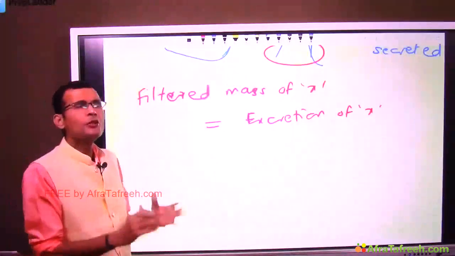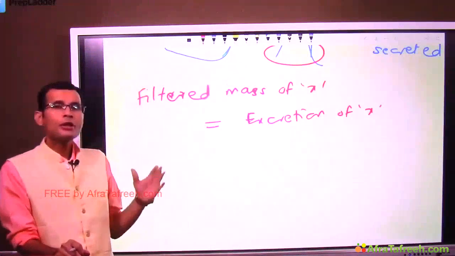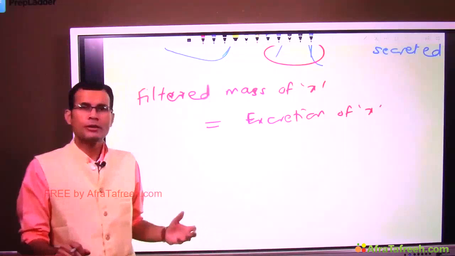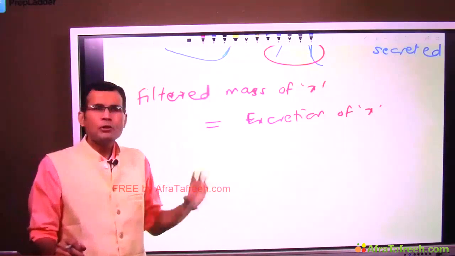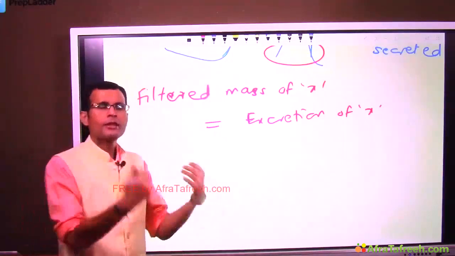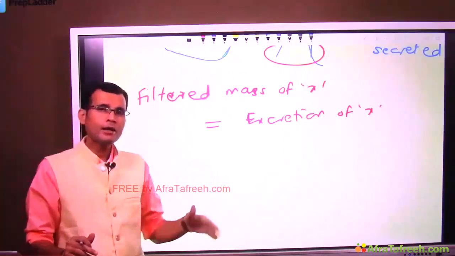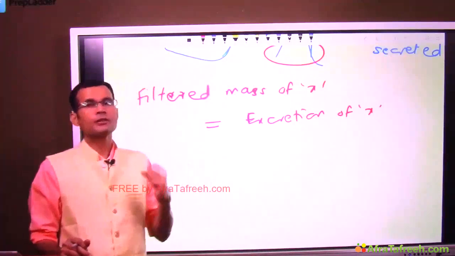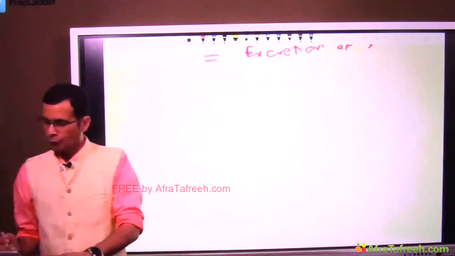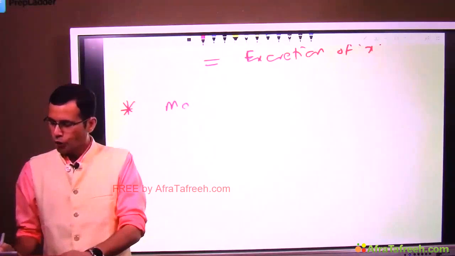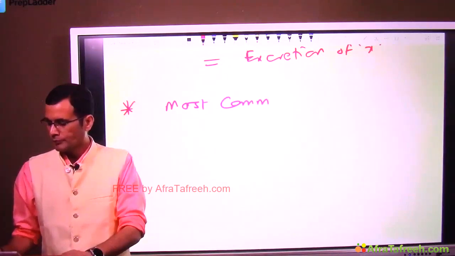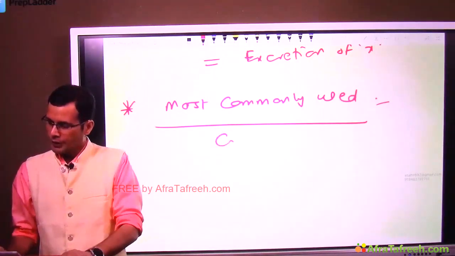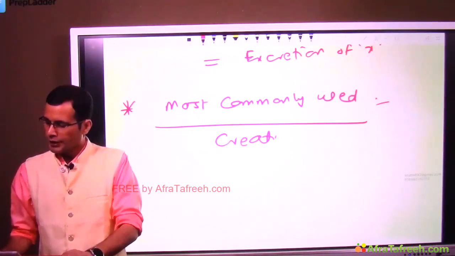Right. But inulin has a problem. Inulin is not generated in the body. It's not a metabolic end product or something. And when injected, many people may be allergic to inulin. Therefore, we need some endogenous substance. Therefore, the most commonly used substance for measurement of GFR is creatinine.